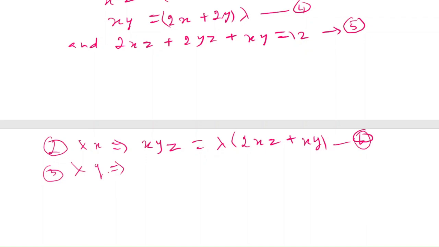So this implies xyz is equal to lambda into 2z, already there, multiplied by y, so 2yz plus xy. Let it be number 7.